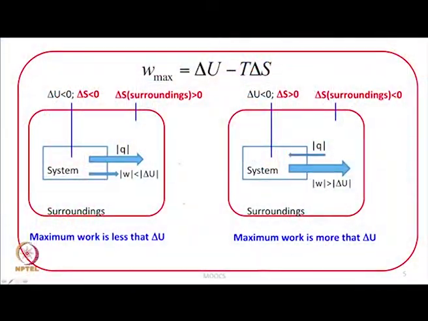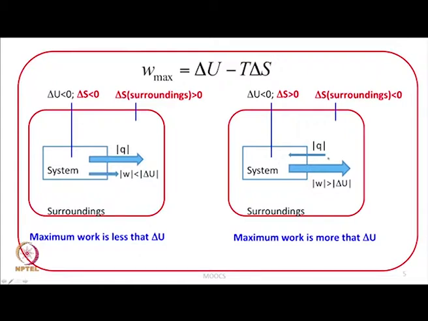Now, let us take a look at the second case, the right hand side figure. This is an example where the change in entropy is positive. Now, the situation is interesting here. The change in entropy of the system is positive. We can still afford a slight reduction in entropy of the surroundings, that is, let some of the energy flow into the system in the form of heat and add up to doing work.